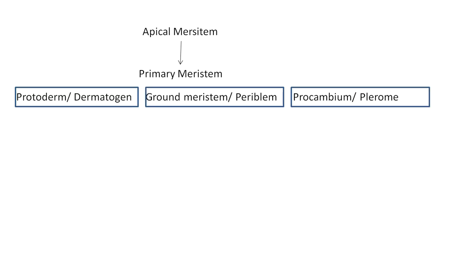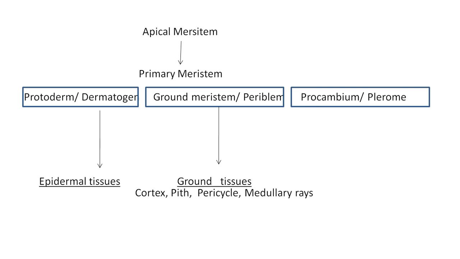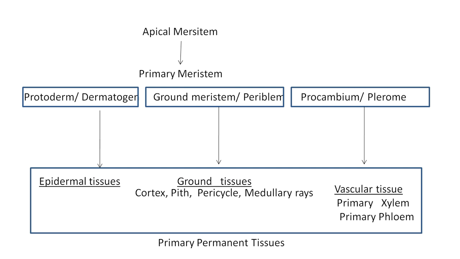So in total, the apical meristem gives rise to the primary meristems, which include the protoderm, ground meristem, and the procambium, that later form the primary permanent tissues: epidermal tissues, ground tissues, and the vascular tissues. Together they are called the primary permanent tissues.